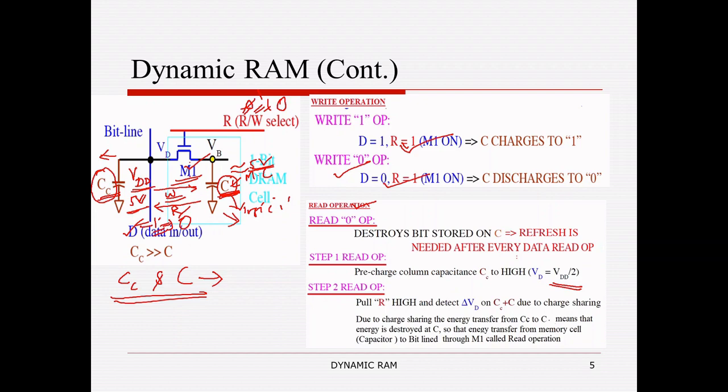So due to the charge sharing, the charge available in the capacitance starts to discharge through the transistor to the bit line. So the information transfer from the capacitance to the bit line is called a read operation. This is how read and write operations are performed in dynamic RAM memory.